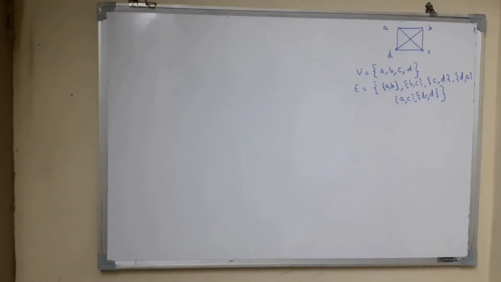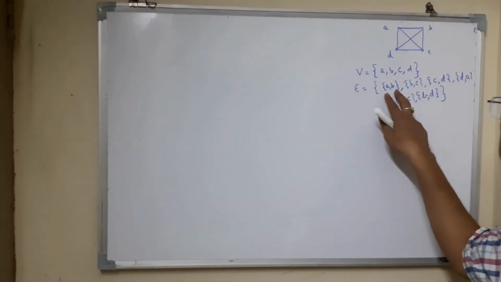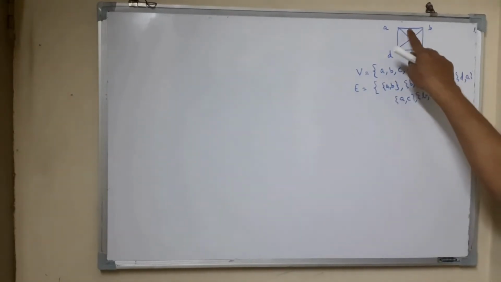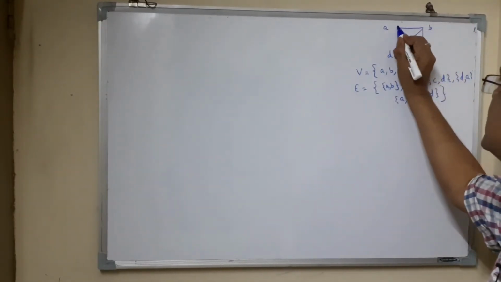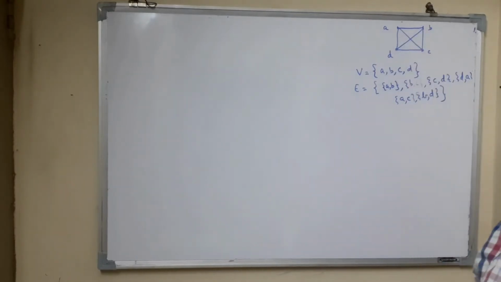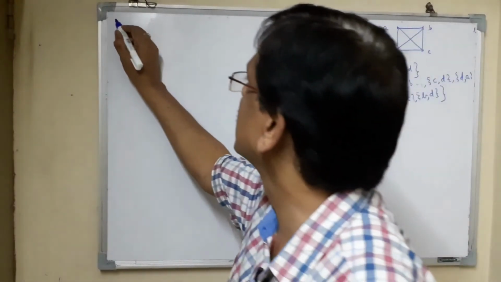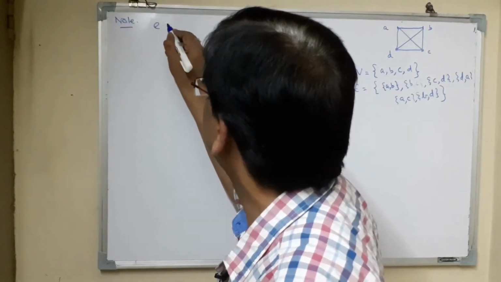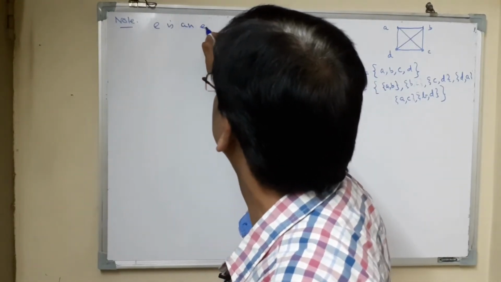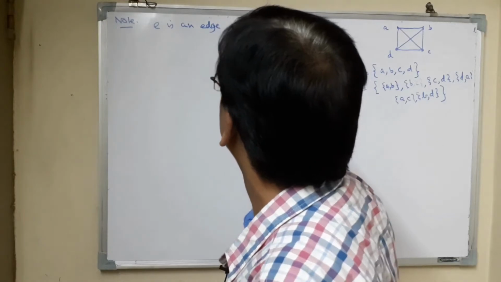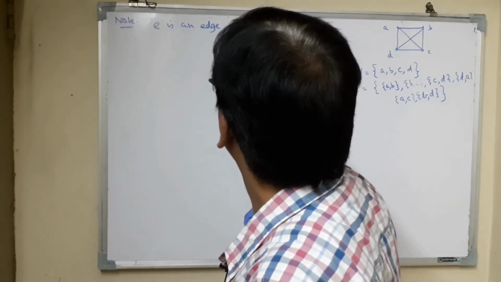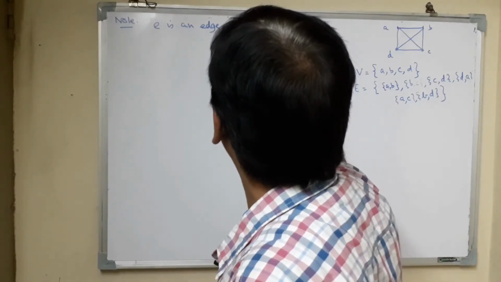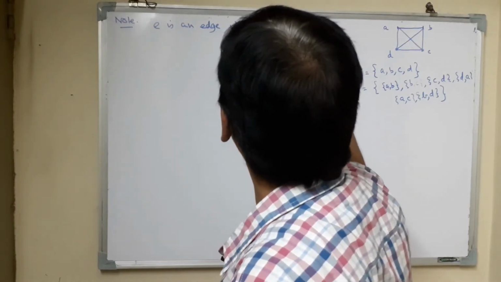As we all know, the set AB is the same as BA. So you can see these two as endpoints. Another note is, E is an edge with A and B as endpoints.